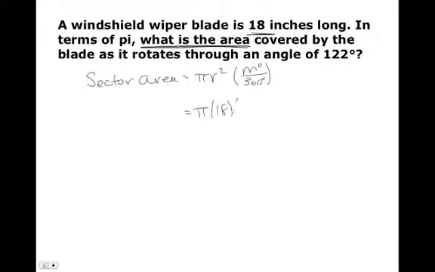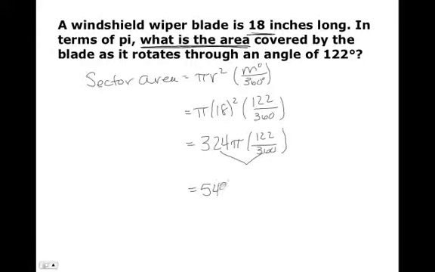So when we substitute in our radius and the angle measure, multiply these two, we get that it covers an area of 449 pi over 5 inches squared.